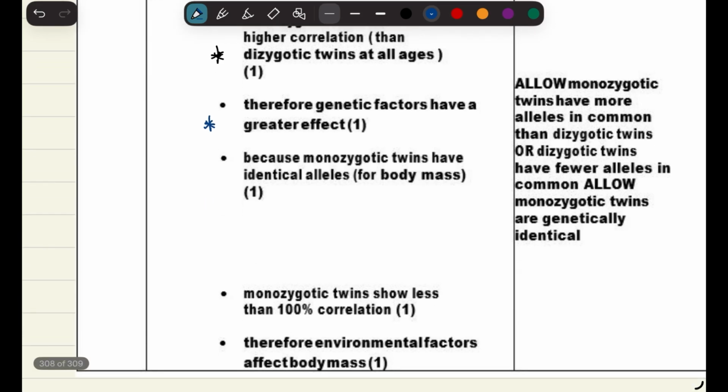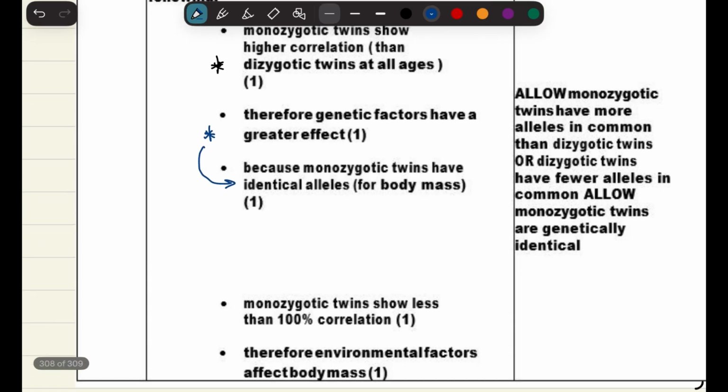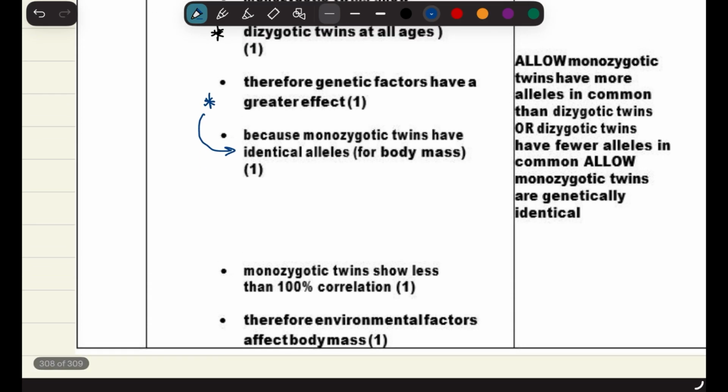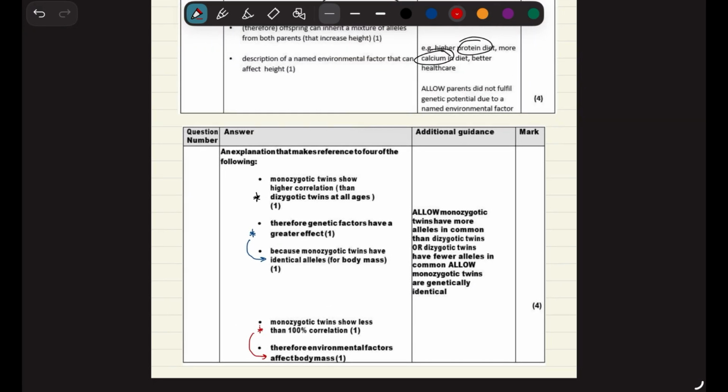And that is because we're going to give evidence to our claim, and the evidence is the explanation: because of the identical alleles, right? Cool. Now, we also pointed out that none of them were 100%. So none of them being 100%, what does that mean? Explain that. It means that there are environmental factors that affect the mass. So I hope that's made sense in terms of my explanation about how to answer this question.